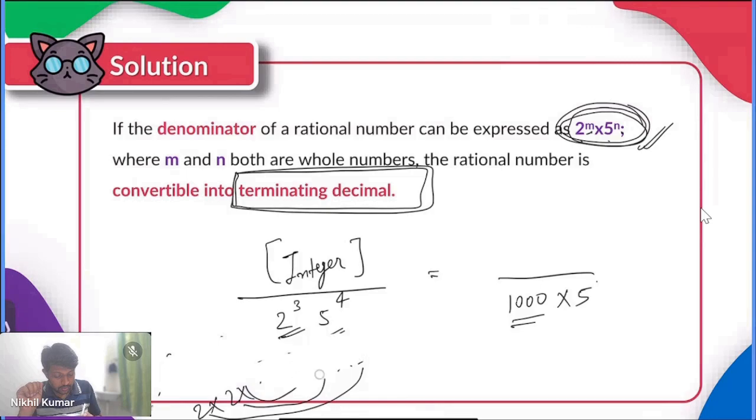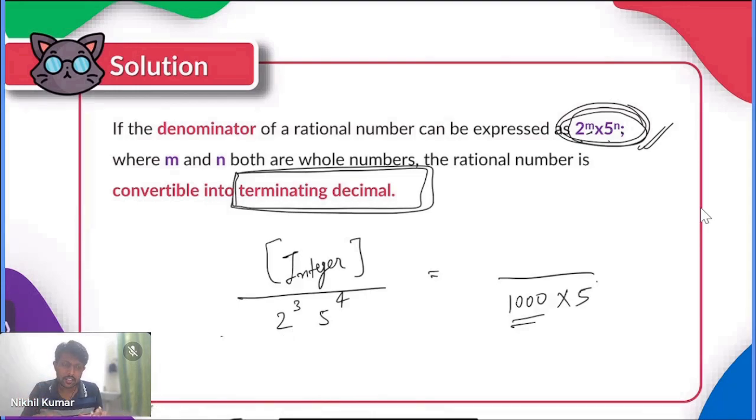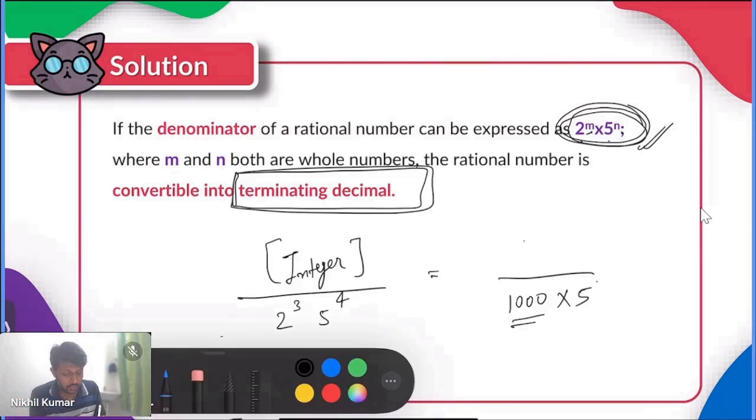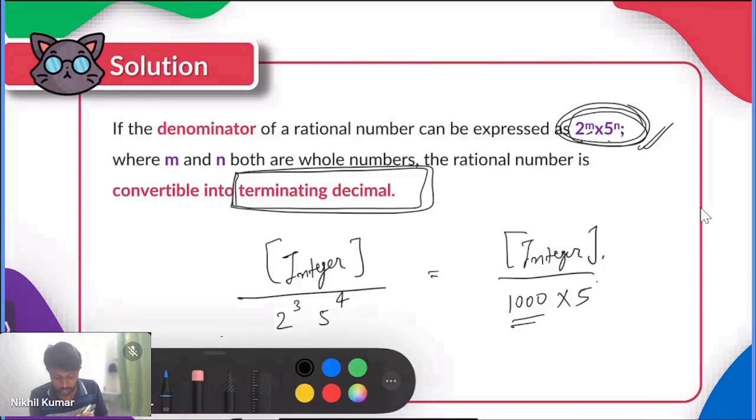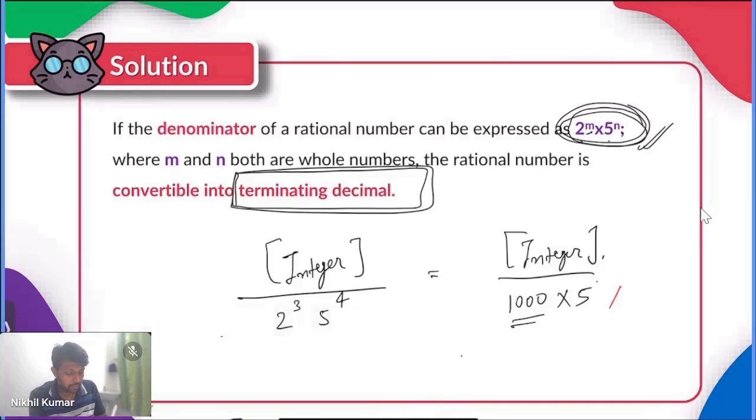Let's look at this. The integer on the top stays like that. We're basically trying to find out how can I confidently say that this decimal terminates. So we have the same integer on the top. What we'll do is multiply something in the denominator and multiply by the same thing in the numerator also.